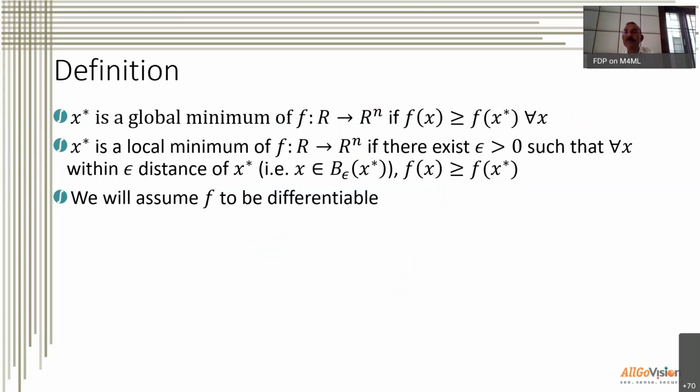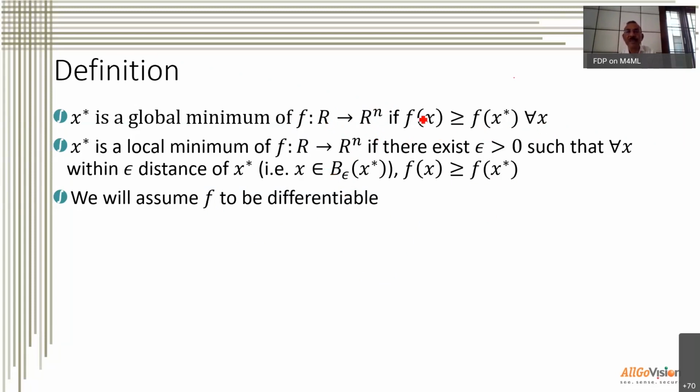Before we get into the definition of local minimum, let's first finish off global minimum, which is very easy to define. We can say x star is a global minimum of f. Sorry, I mean, a typo: it goes from Rn to R, not R to Rn. So it's a real valued function going from Rn to R. If f of x is greater than or equal to f of x star for all x.